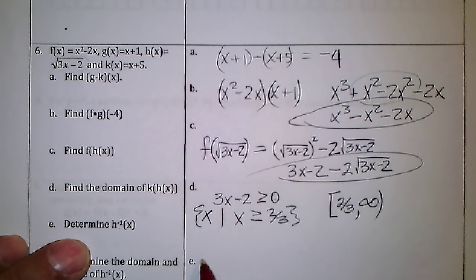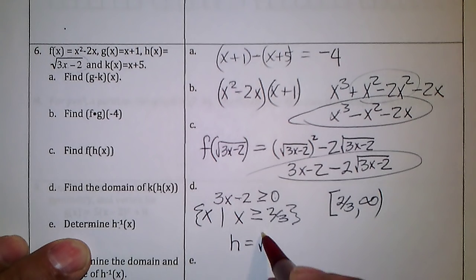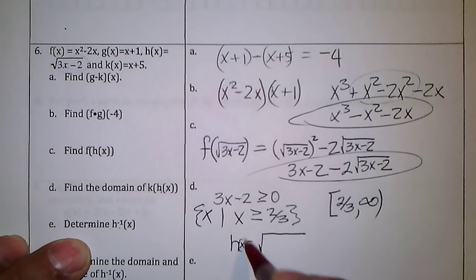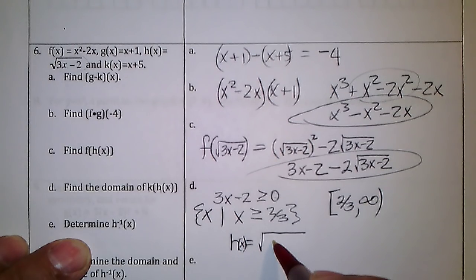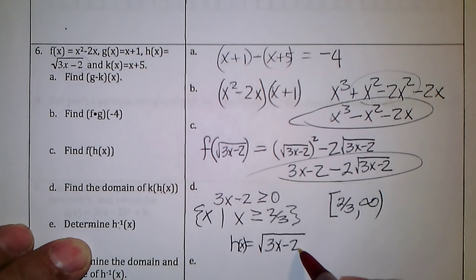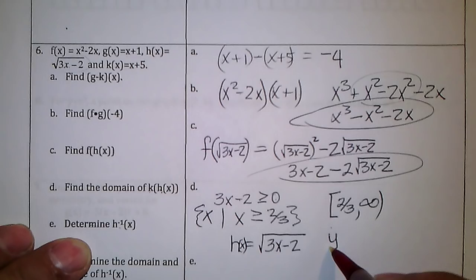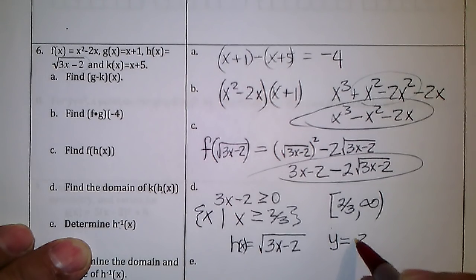Determine H inverse. So H of x equals the square root of 3x minus 2. Make that a y, equals the square root of 3x minus 2.